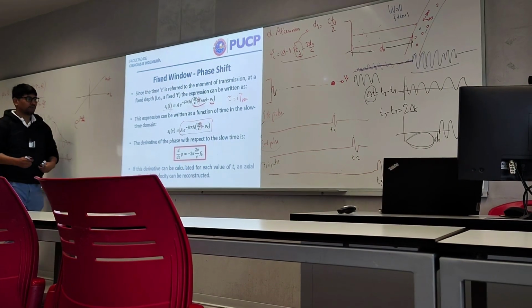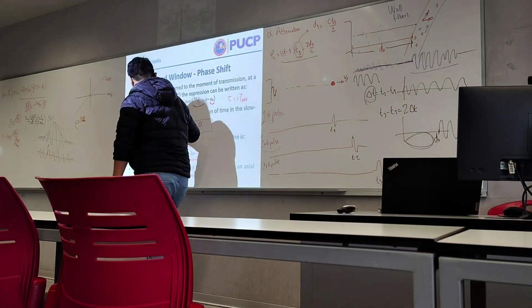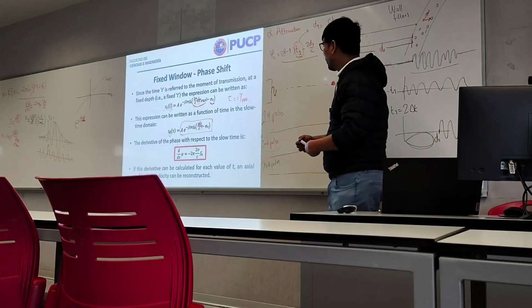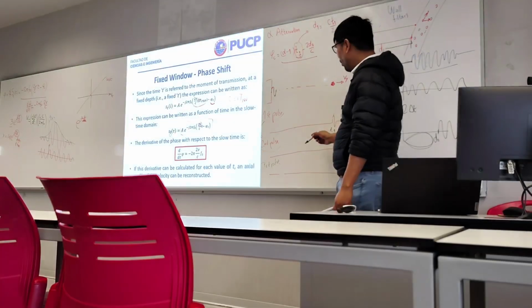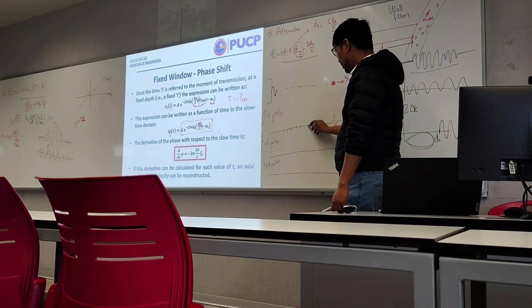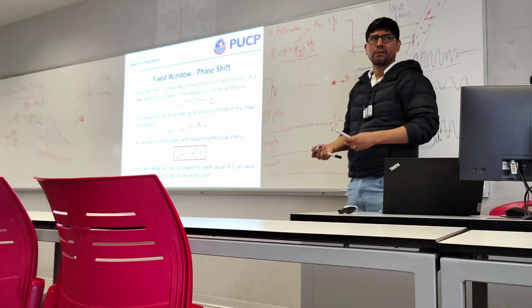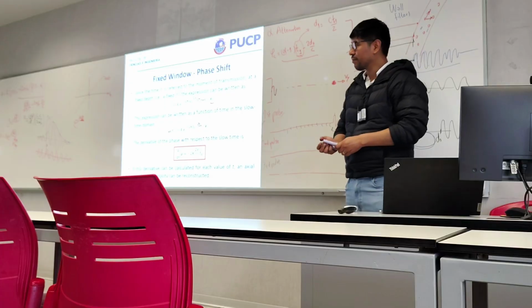At every time, no? At every possible time. We can do that process for t1, t2, no? All the points, all the times across the fast time. And it's just a repetitive process.